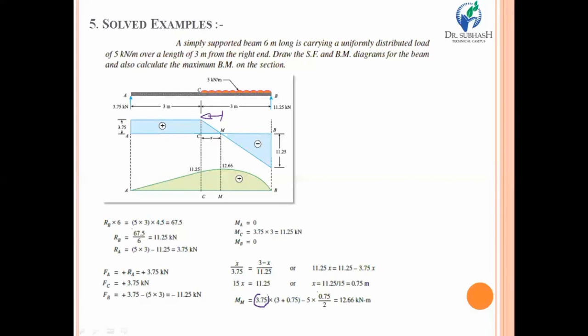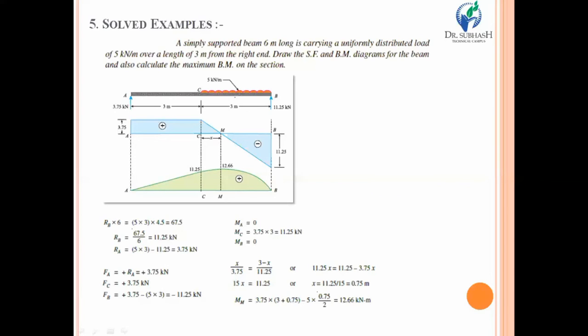Here 3.75 is the force acting, and the distance should be taken up to this point. So the distance will be 3 plus x, where x is equal to 0.75. So ultimately it will become 3.75 into 3.75, that will be the force and distance.